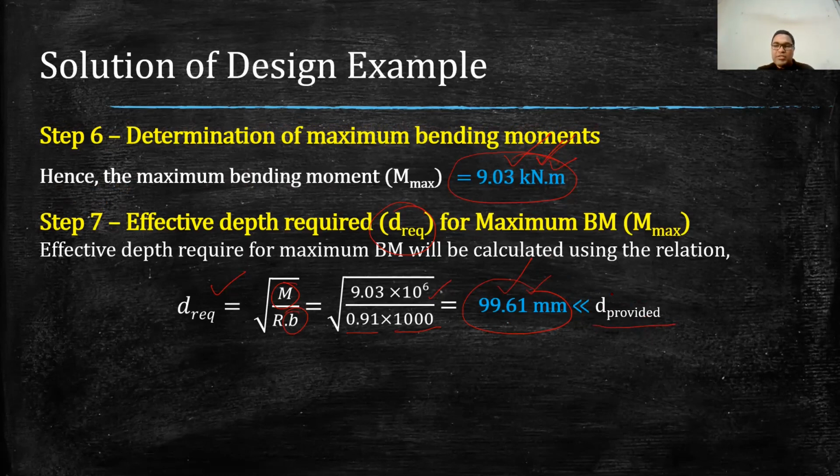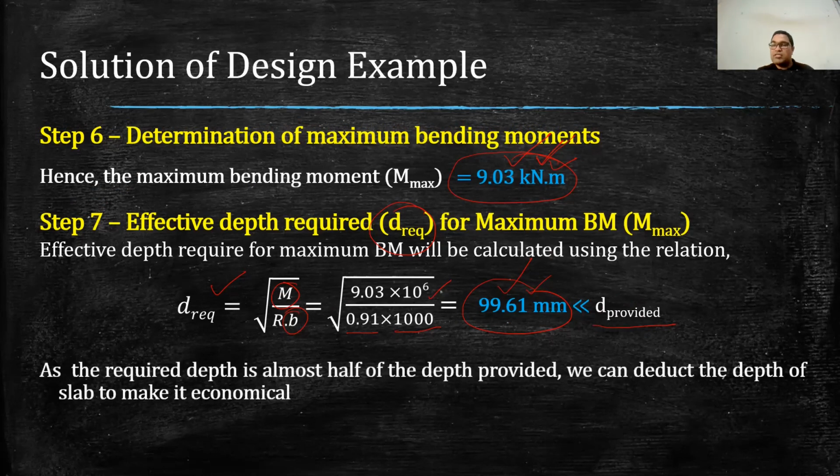So now we can reduce the depth that we have provided in step 2 to make our slab economical, because if we provide extra depth, then obviously extra material will be consumed and the cost of slab will be high.